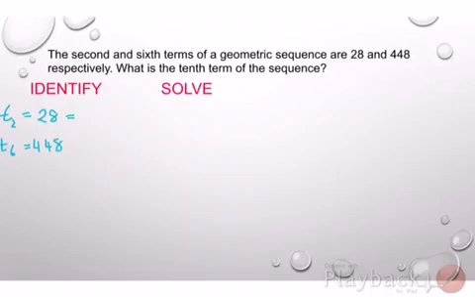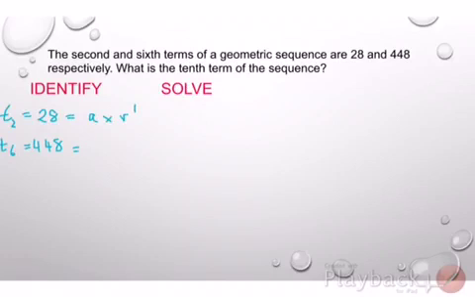Now from my general form of a geometric sequence, I know that it's the first term, I'll call it A this time, times the ratio to the power of n minus 1. My n in this situation is 2, so 2 minus 1 is 1, so it's r to the power of 1.